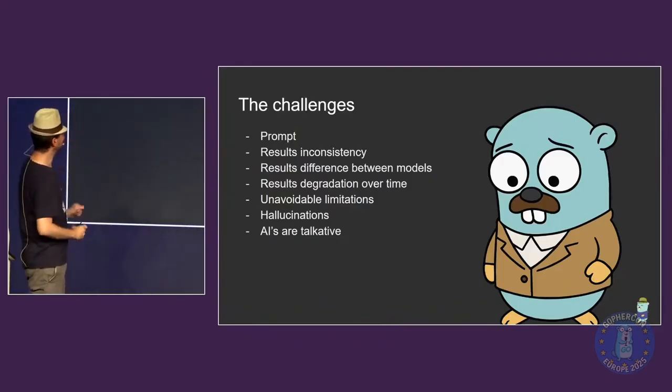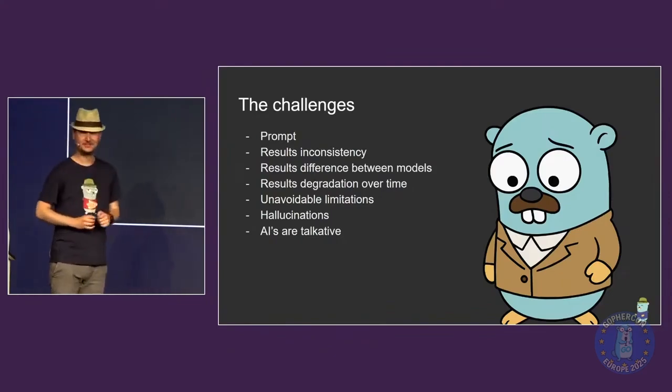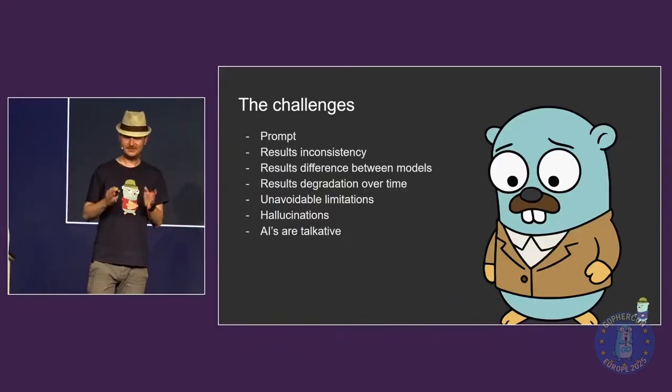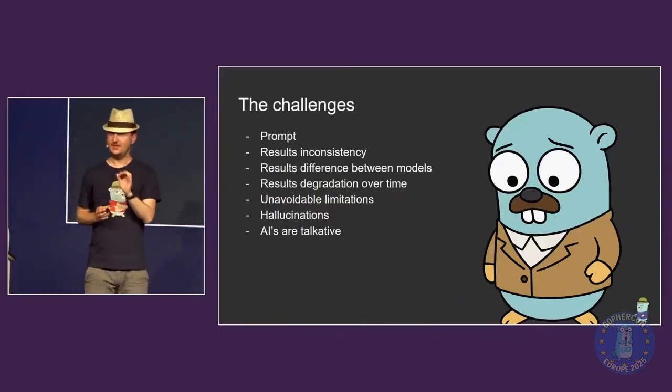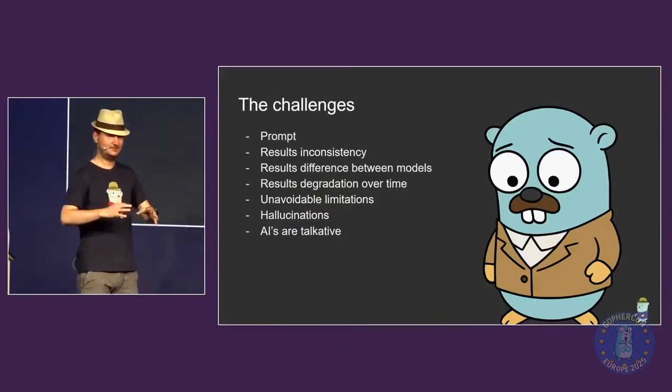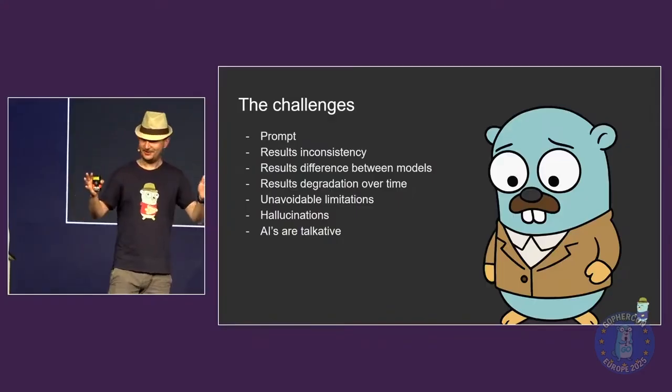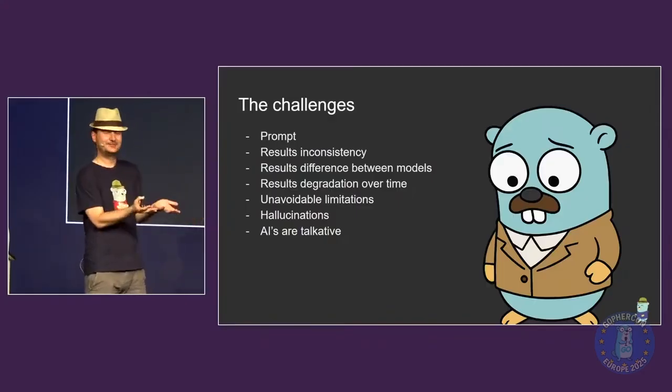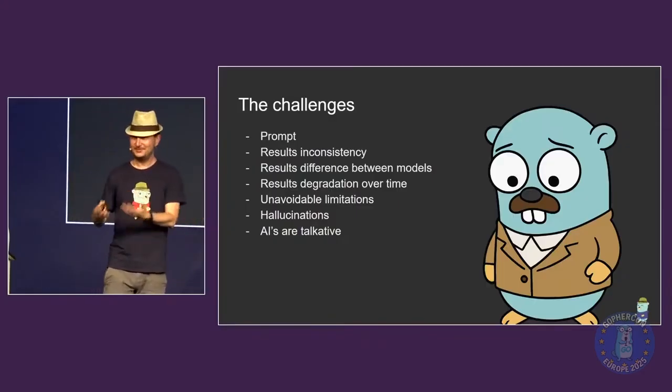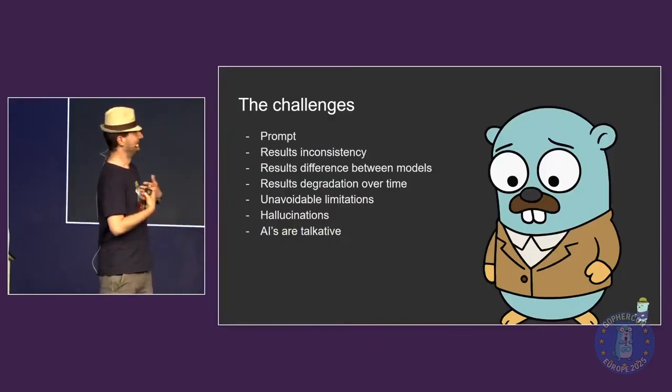And also AIs are talkative. This is a problem even when you say, AI, please give me one number. Only one number. It will give you this number, but it will also wrap it in a few paragraphs of text about why it gives you this number. Almost repeating your prompt, actually.